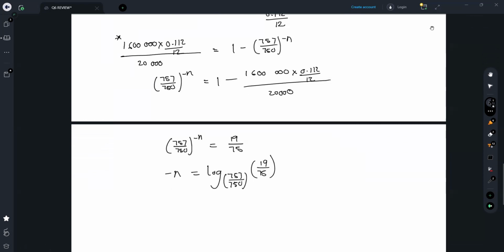Now you notice that this value is going to be negative. So this value must be negative as well. So the easiest thing to do is multiply both sides by negative. So this will become positive this side, and you can punch it into the calculator looking like that: log base 757 over 750 of 19 over 75.